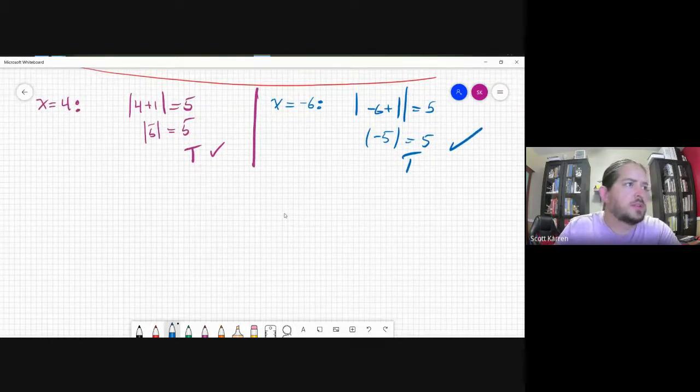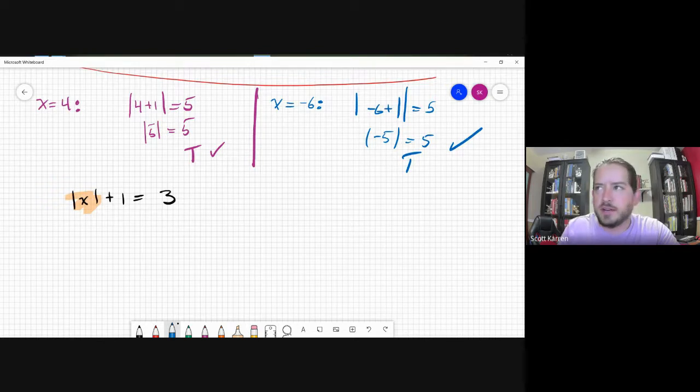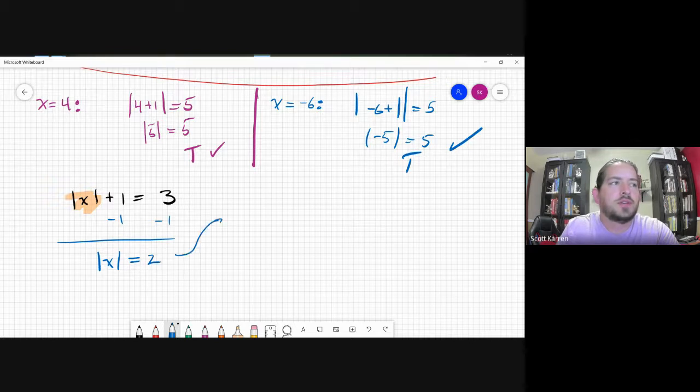Now, what if I have something like the absolute value of x plus 1 is equal to 3? Well, I can leave this absolute value by itself, and I can isolate the entire absolute value by subtracting 1. Right? This means then that the absolute value is equal to 2, and therefore I get my 2 options. x is either equal to 2 or x is equal to -2.